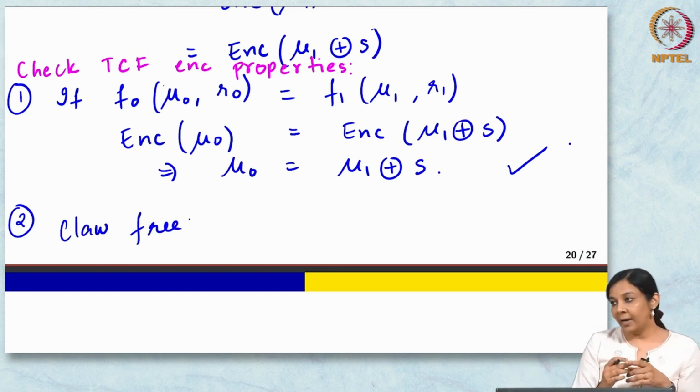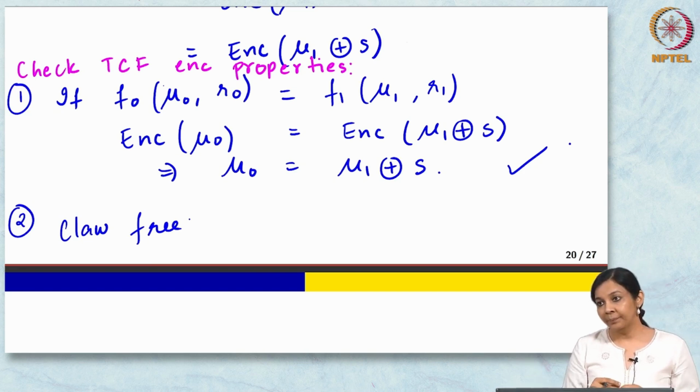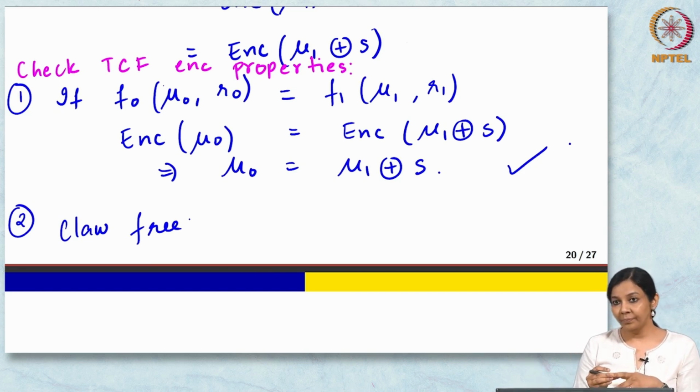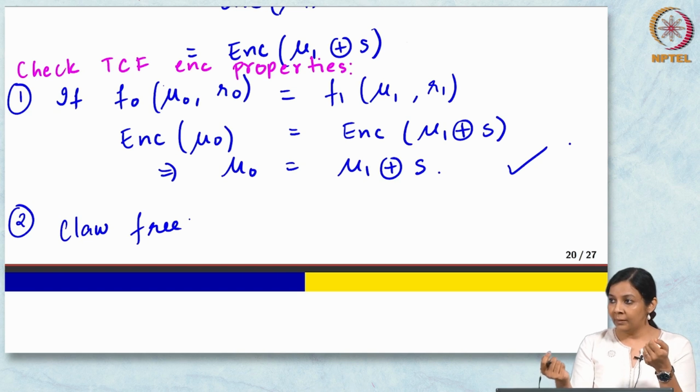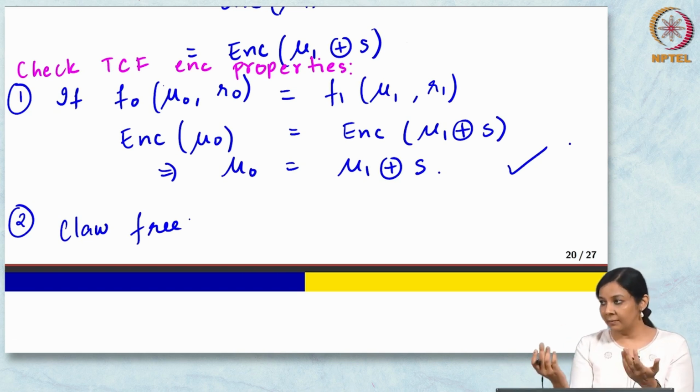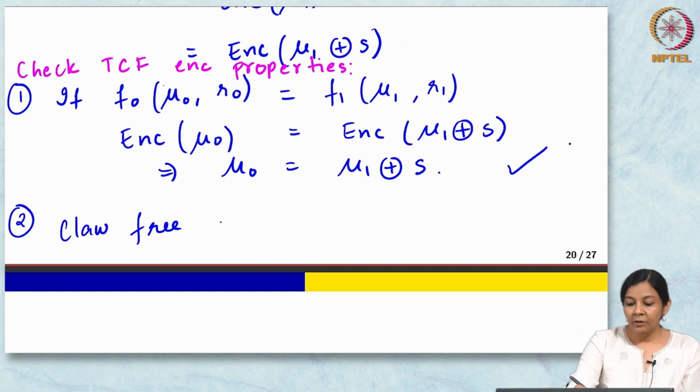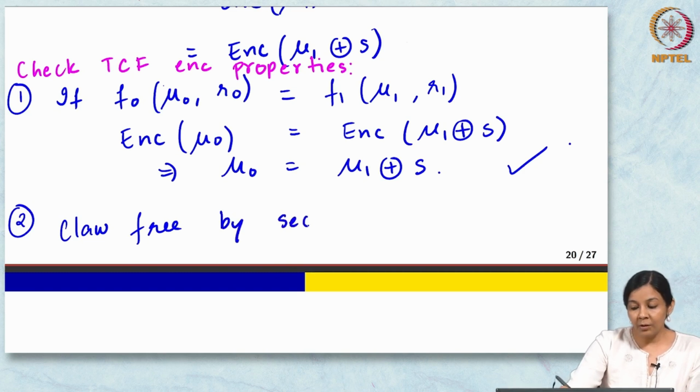Who can tell me why that holds? Very good. It holds by the security of the underlying FHE. Why? Because if I could find a claw, I would in particular have found mu 0 and mu 1, and XORing these I will get the secret S. So, this is claw free by security of FHE.